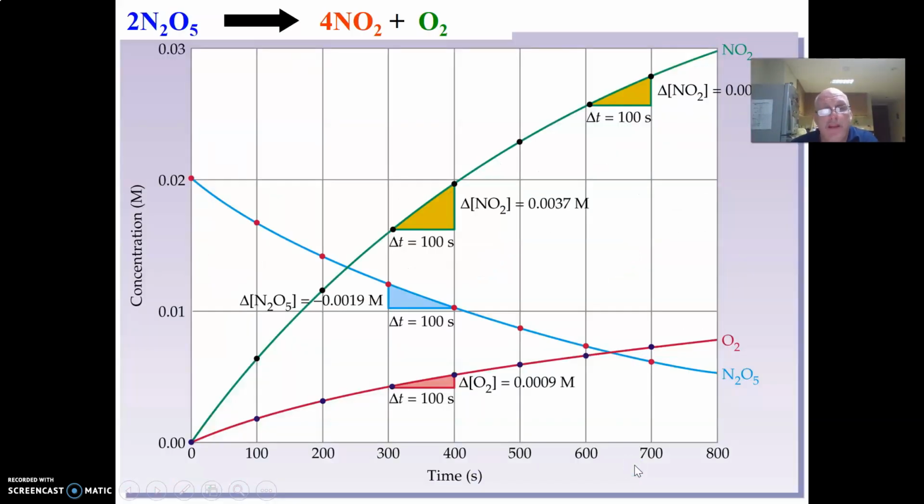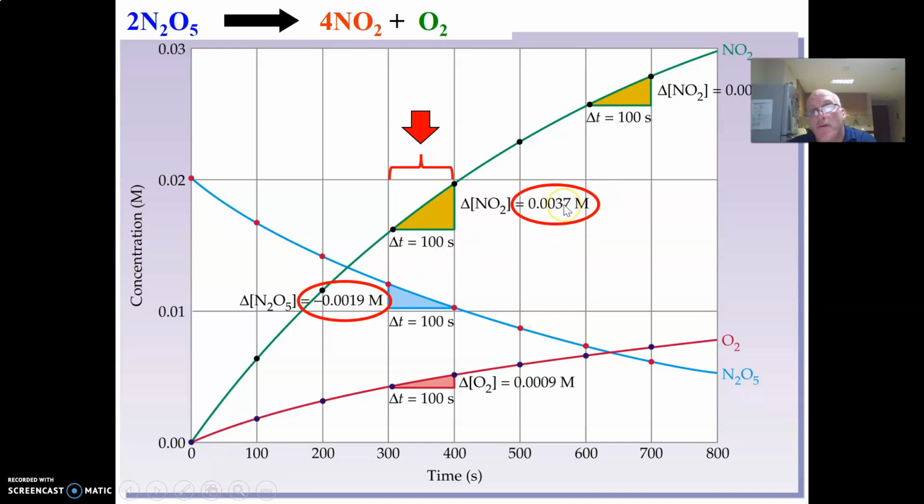Now if you put that into a rate curve, you can see the curves are not going to be mirror images or anything like that. You can see the ratio is 2 to 4 to 2, and if I take this 100-second period, if the NO2 has gone up by 0.0037 moles, then you can see that the N2O5 there will have gone down by half as much, and you can see that's about half, isn't it, right?